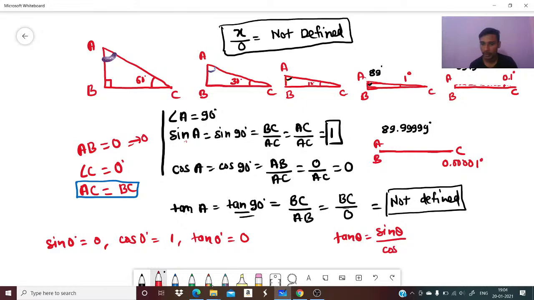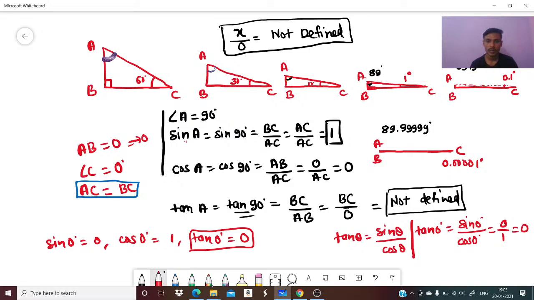So for 0 degrees, tan of 0 degrees will be equal to sine of 0 degrees upon cos of 0 degrees. Sine of 0 degrees is 0, cos of 0 degrees is 1, so it is 0 upon 1, which is equal to 0. Therefore tan of 0 degrees is equal to 0, which you can see here.